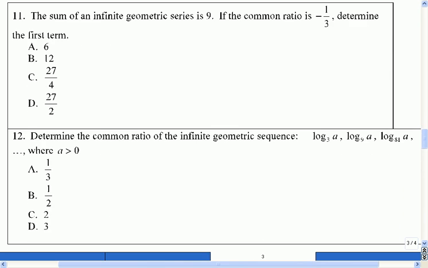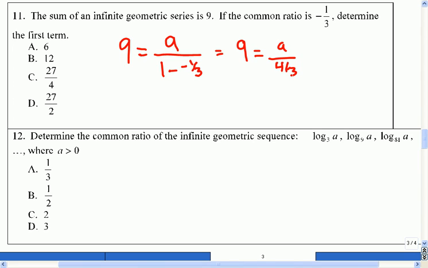Okay, the sum of an infinite geometric series is 9. The common ratio is -1/3. Determine the first term. So this is a nice question. This formula is a lot easier to work with. So that means 9 equals a over 4/3.